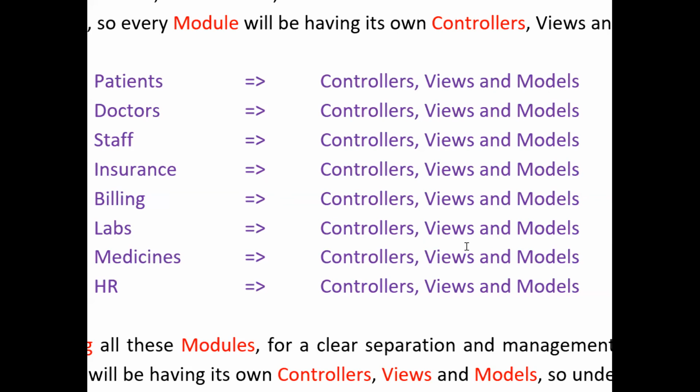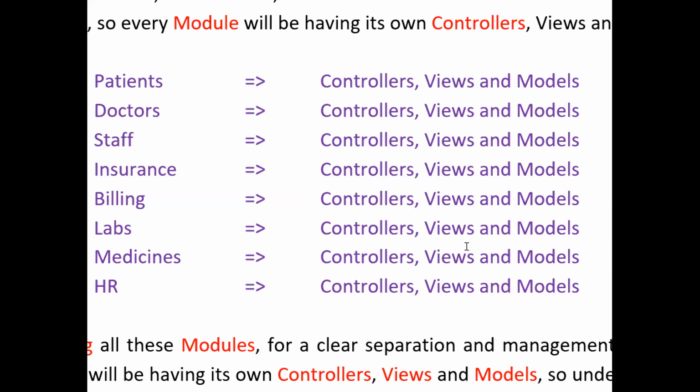What is an area? An area is a collection of controllers, models, and views. All these things combined together, we call it an area. So every area is a collection of models, controllers, and views, grouped together.